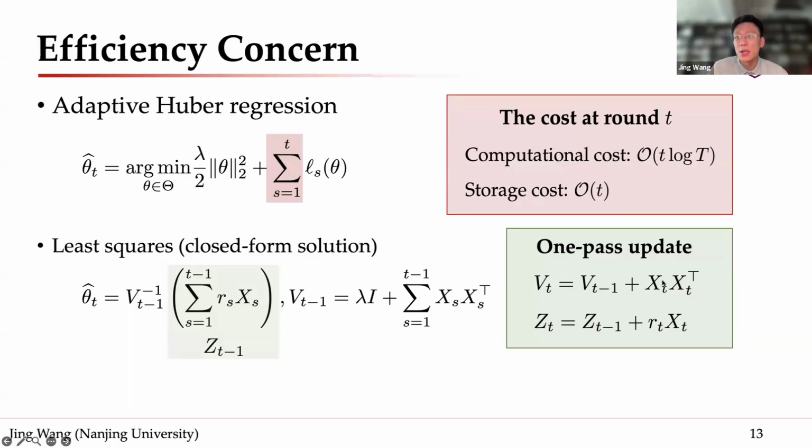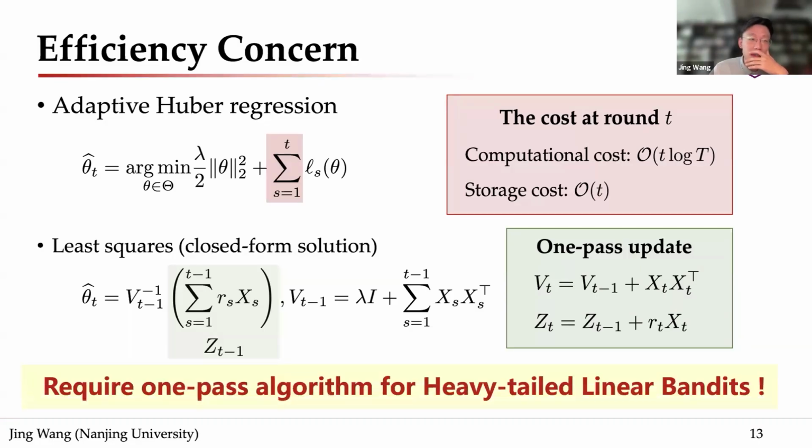This means we can use X_t and R_t just once and then discard the data. So this is very quick, and this motivates us to design a one-pass algorithm for heavy-tailed linear bandits, which has not been researched before.